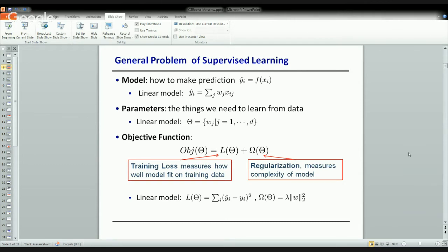One important thing when dealing with problems is to formalize them and understand them by decomposing the problem into different components. In most supervised learning, we are asked to make a prediction based on inputs, where the input X can be features like the age of the user, the gender of the user, and the property of the house, and we are asked to predict some score of interest.